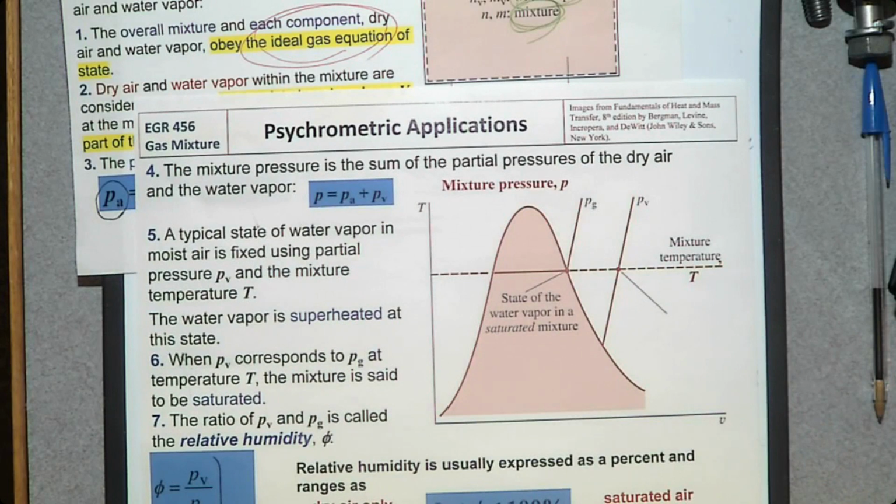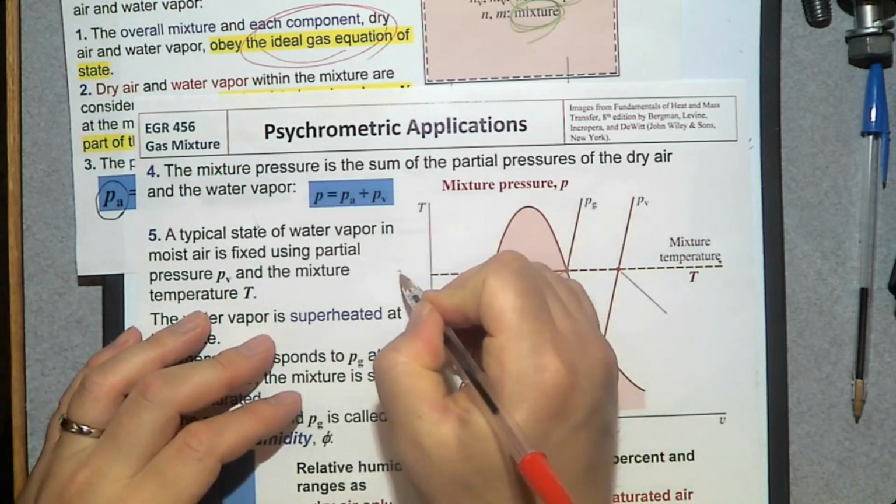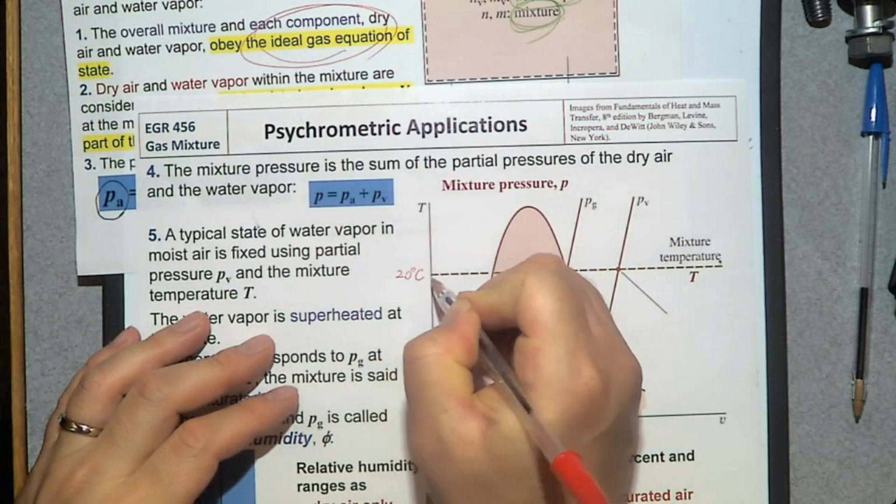So at the given temperature T, depending on the amount of water vapor in the mixture. Let's assume that the temperature in this classroom is 20 degrees Celsius.